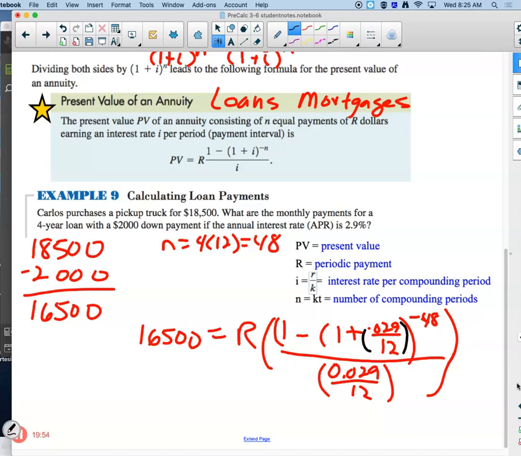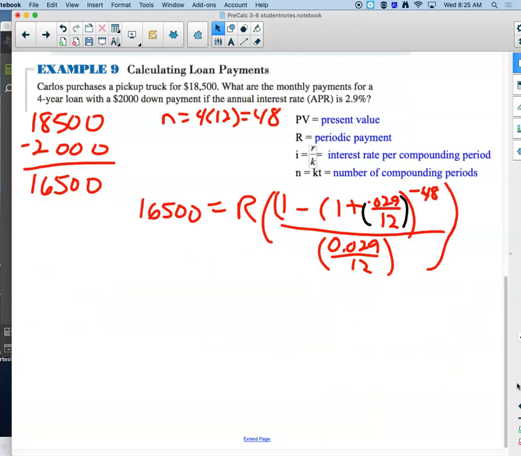Lots of parentheses to keep the calculator doing what it's supposed to do. We have to give it the parentheses to tell it the order of operations. As I said before, what I'm going to do is punch this in.